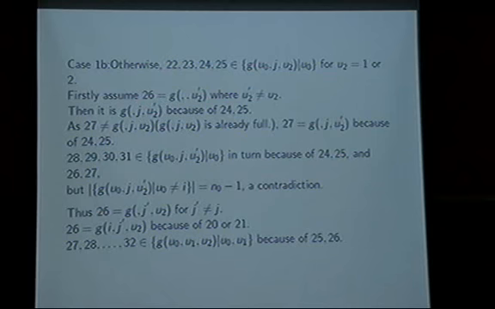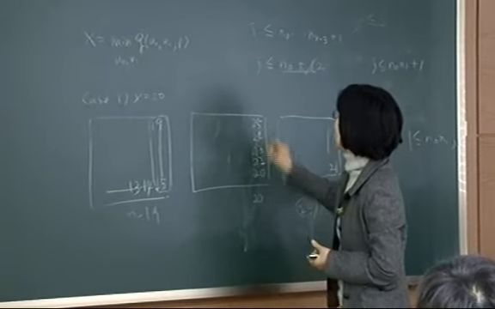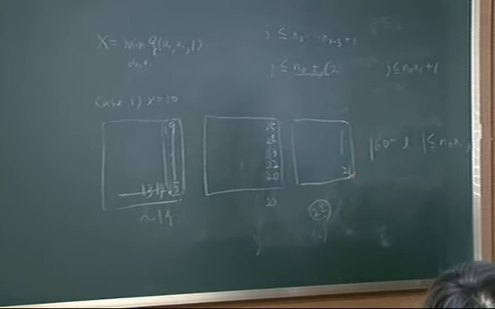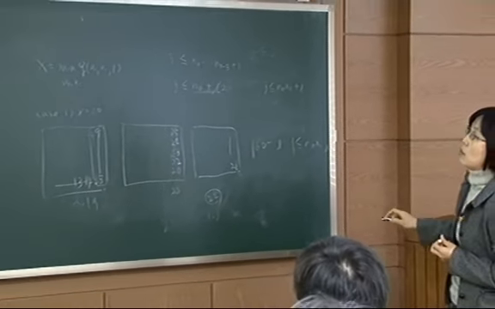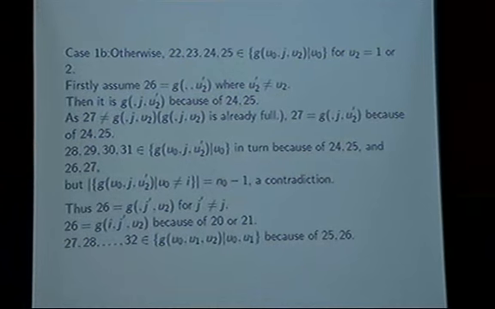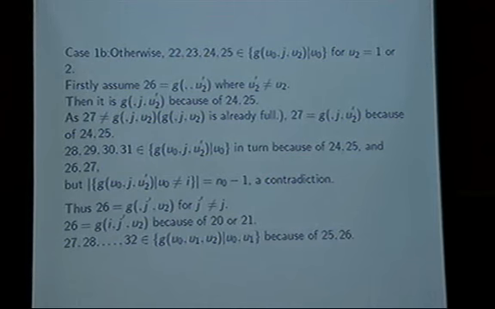Okay, then 23 to 25, they fill up this line: 22, 23, 24, 25. And then your 26, if it stays in this layer, it should stay here. Otherwise, it should stay here. But then 27, again, even containing 26, it should stay here and here.